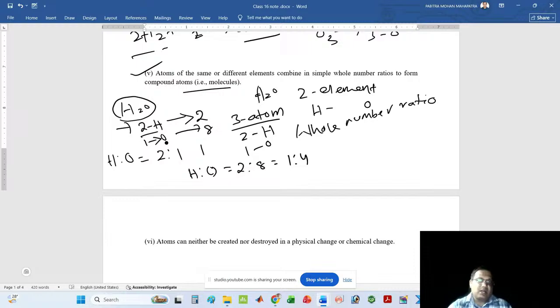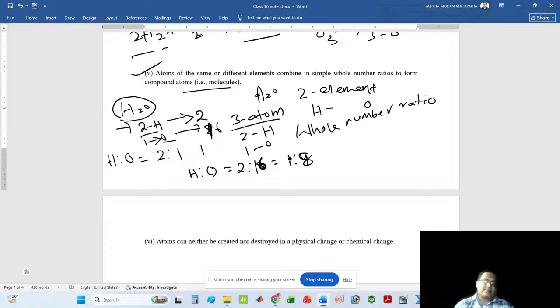Sorry, here the atomic mass of oxygen is 16, not 8. 8 is the atomic number, 16 is the atomic mass. So here I can write 2 is to 16, that is 1 is to 8.